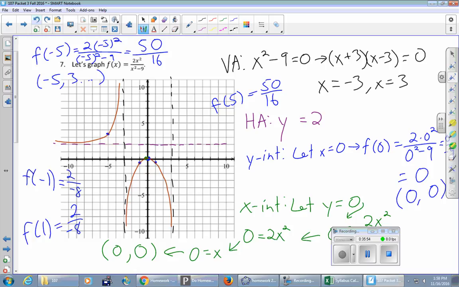And so you plot that point at 5, comma, a little over 3. See if you can draw that last branch right there. And we get that.